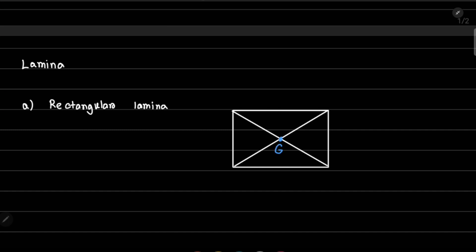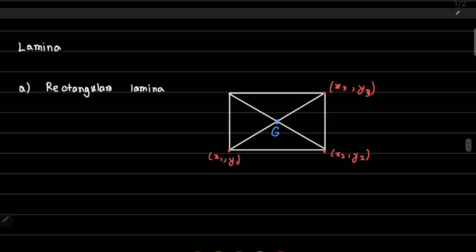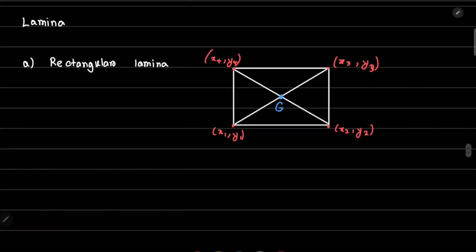We can represent it with the G. If we are given these points, so x1, y1, the next point x2, y2, the next point x3, y3, and the fourth point x4, y4, we could just take the average x and y values to find the center of mass, or we can find the two equations for the diagonals and find where they intersect.